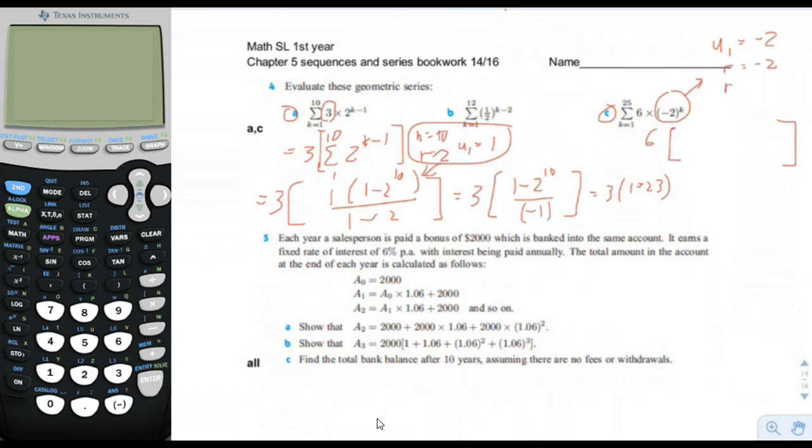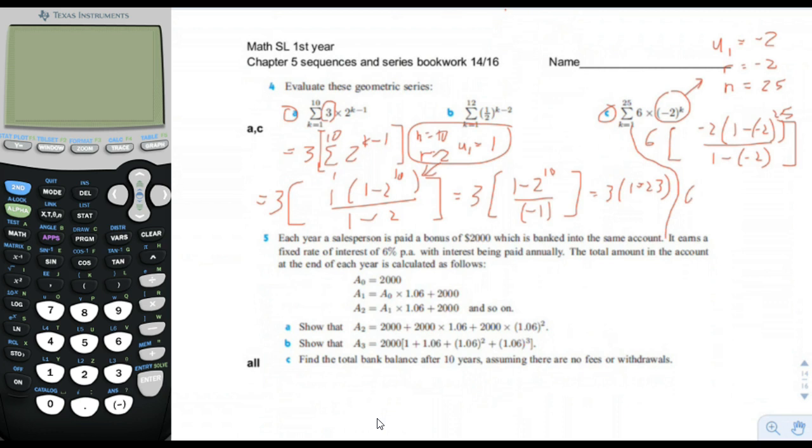And n would be equal to 25. Right? Okay. So now let's fill in the formula. So u1 is -2. We would do 1 minus -2 to the 25th. And on the bottom we would have 1 minus a -2.